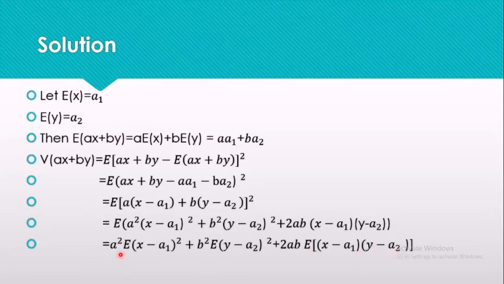So now for the time being, you just leave these first two terms. We are not considering these first two terms right now, but I'm going to concentrate on expectation of (x minus a1) multiplied by (y minus a2). So I'm going to concentrate on the third term, and I just want to know what the result is.